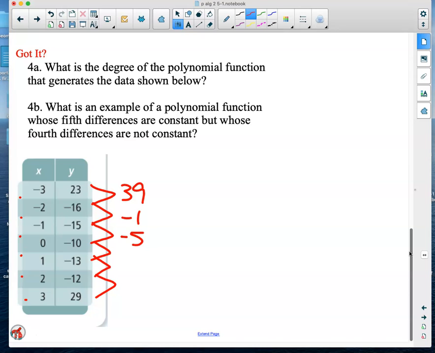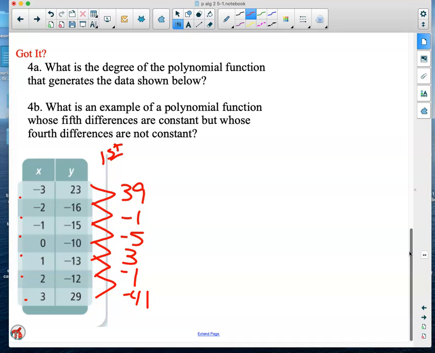Negative 10 minus 13 will be negative 10 plus 13, which is 3. Negative 13 minus negative 12 will be negative 13 plus 12, negative 1. And negative 12 minus 29, negative 41.